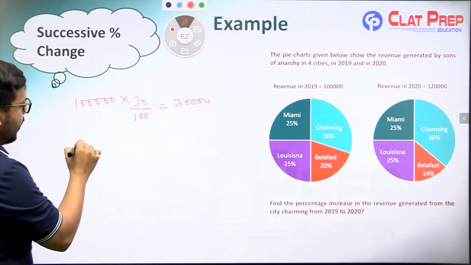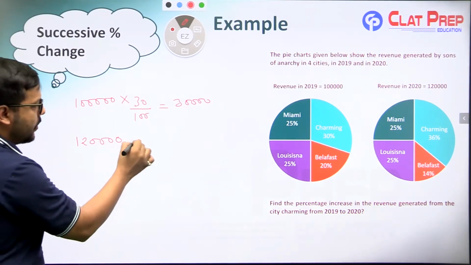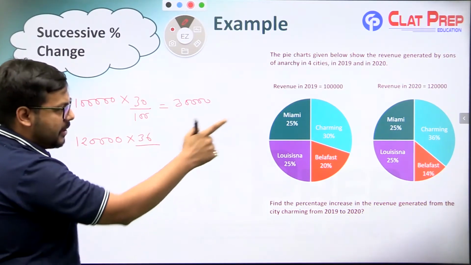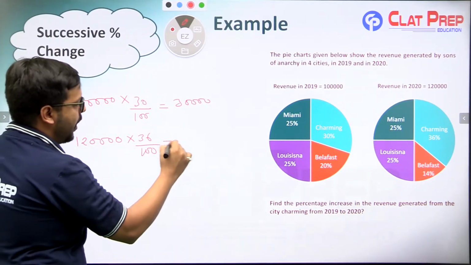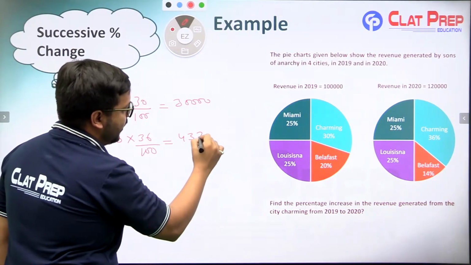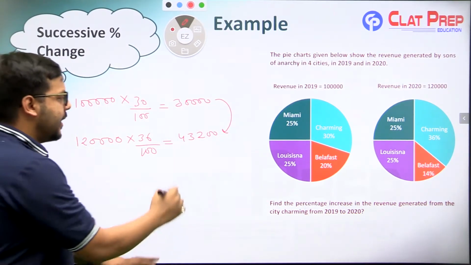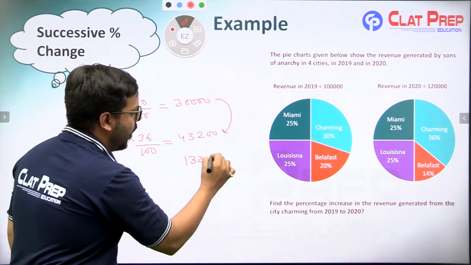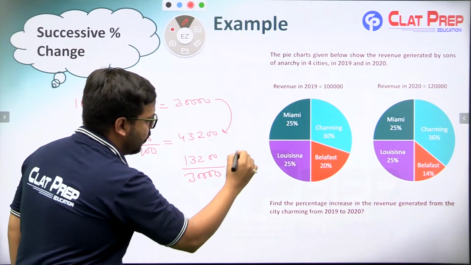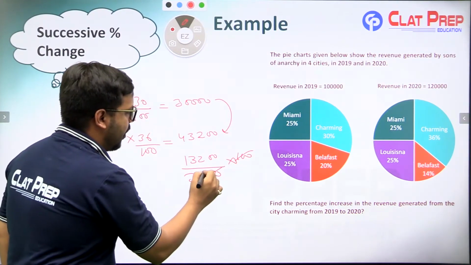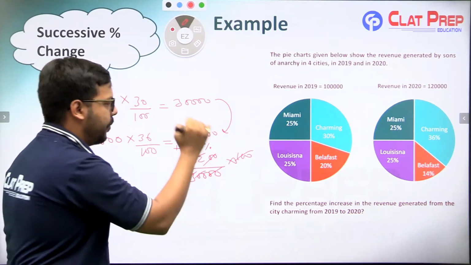Similarly, the total revenue in 2020 will be 1,20,000. I can easily calculate, the percentage representation is 36%. 36% of 1,20,000 is 43,200, and then I'm going to find the percentage change here, that it has increased by 13,200 upon 30,000 into 100. I'm going to cancel out the zeros and say that the overall percentage increase is 44%.